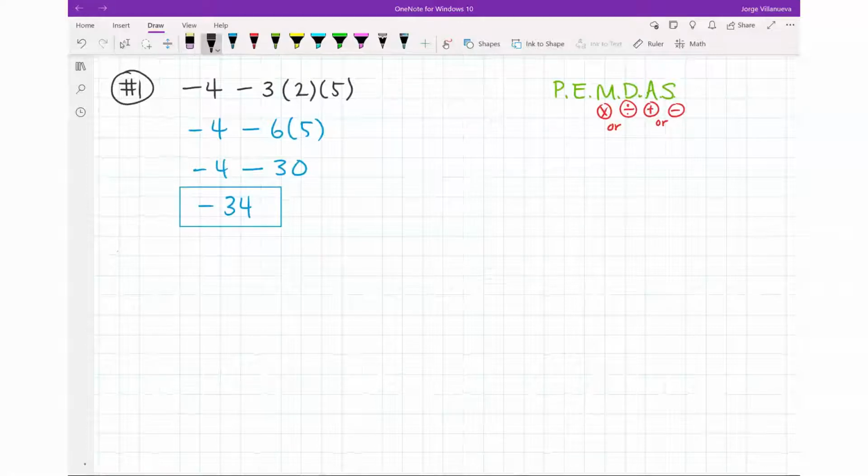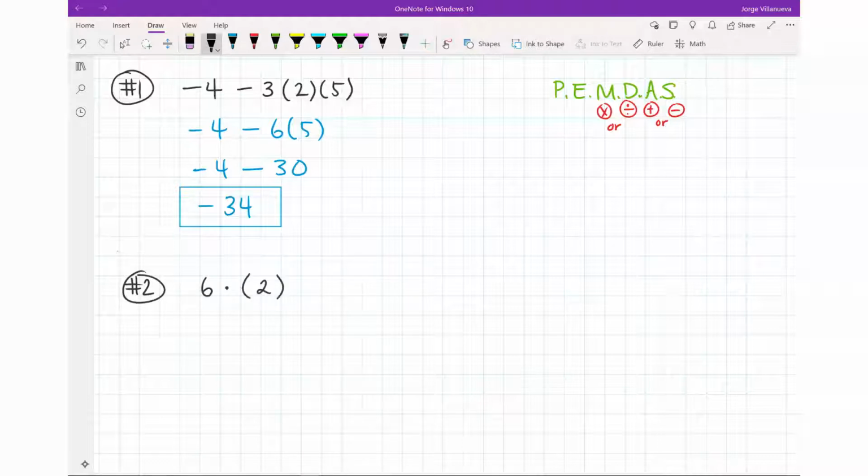Now, here's another example of something you're going to have to know how to do. And put number 2 here. So we'll try 6 times 2 to the third plus 6 minus 4.